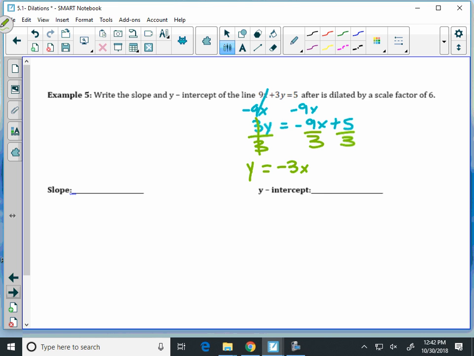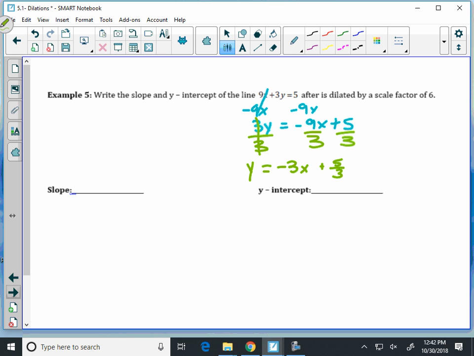Is 3 going into 5 evenly? No. So just leave it like that. Don't even worry about simplifying. Just leave it as 5/3. It's weird, I know, but leave it. And then it's the exact same process we did with example 4.